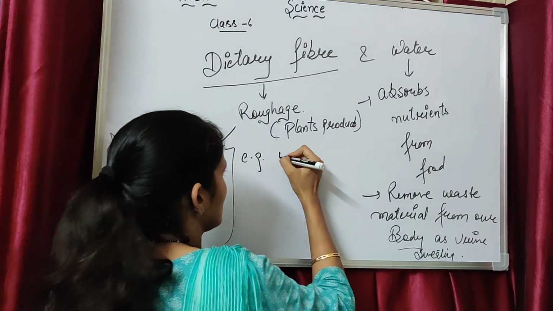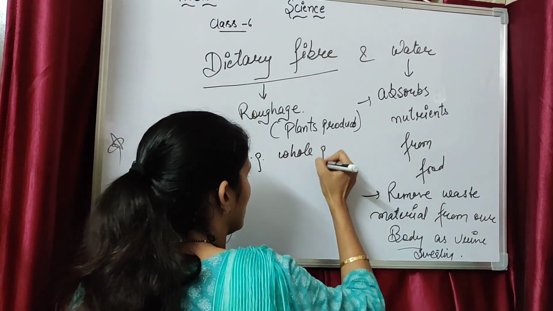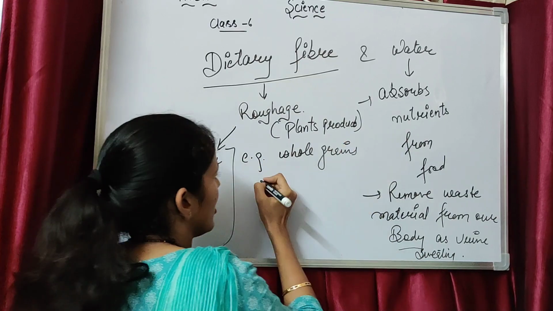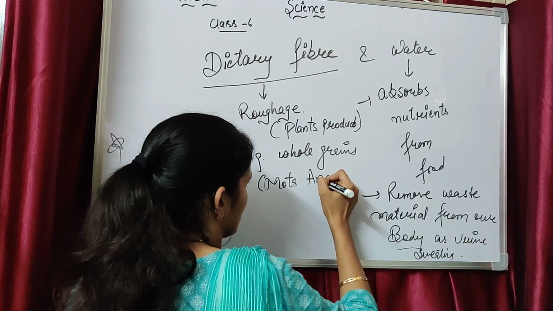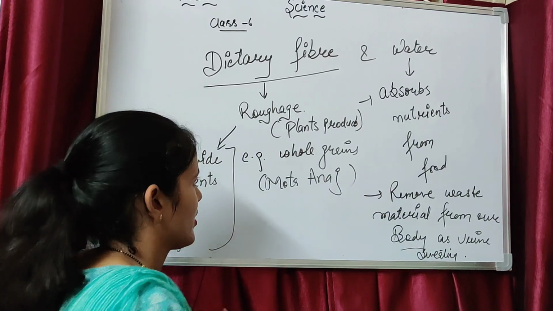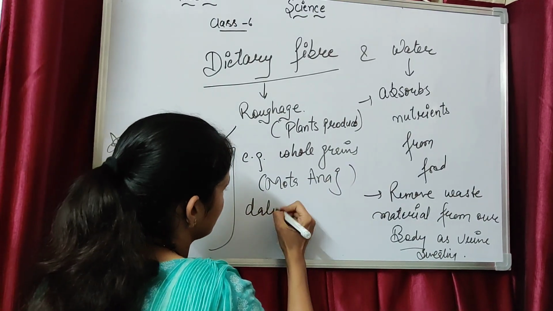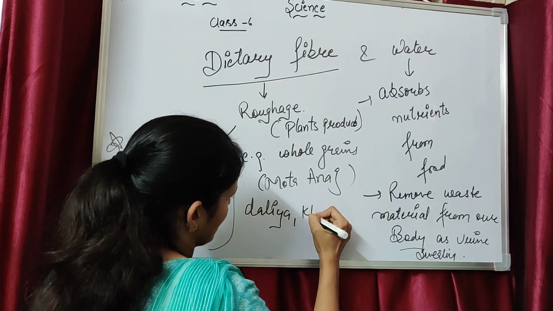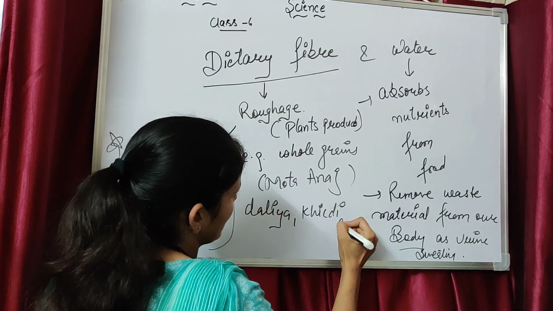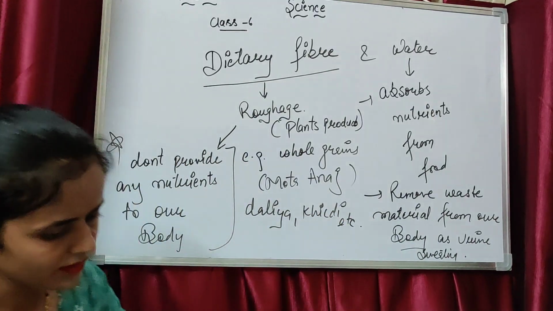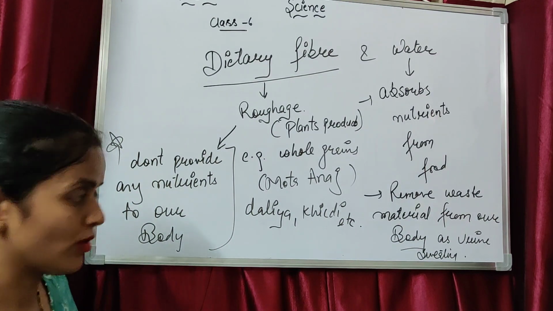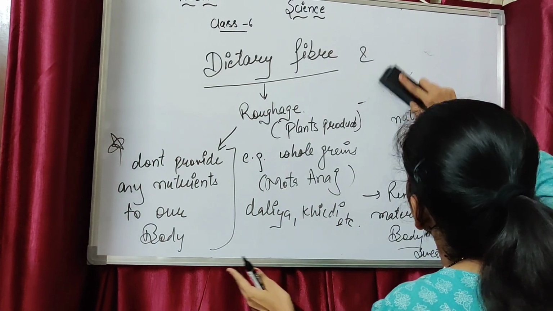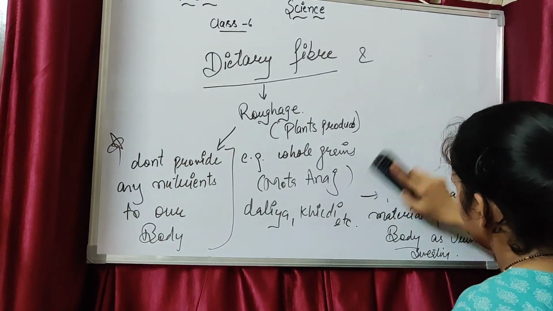Examples: whole grains, or we can say mota anaj, like dalia, khichdi, etc. And one more main important point about dietary fiber. Water is done.